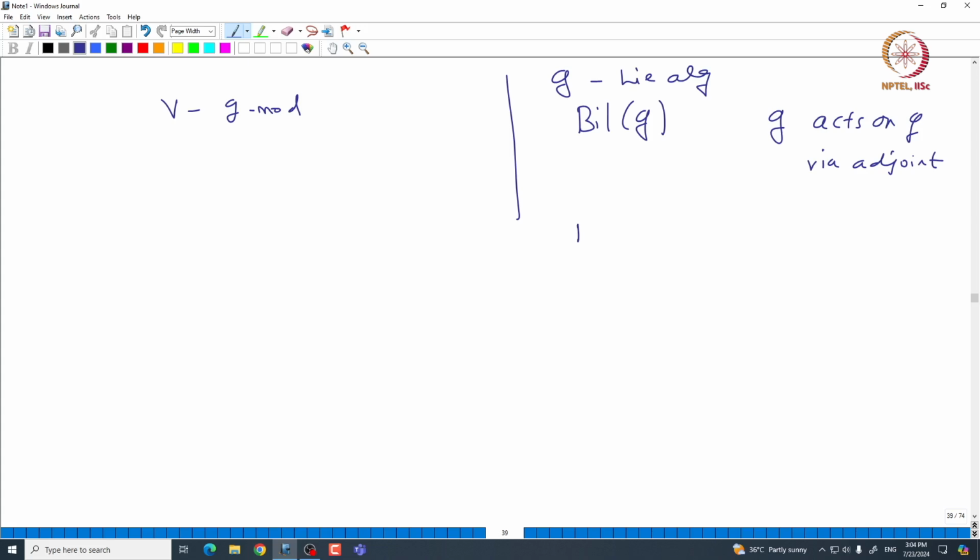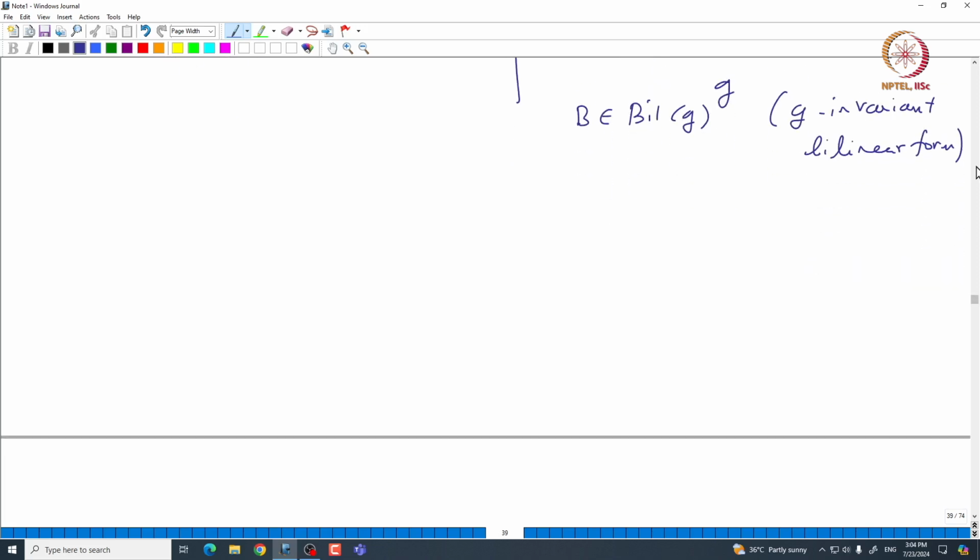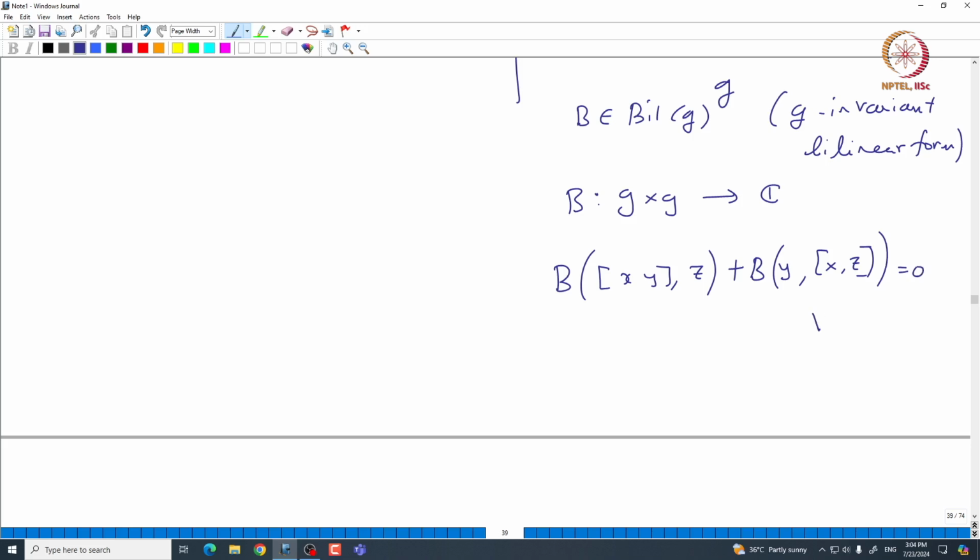Then we are interested in the G invariant bilinear form on G. If you rewrite the condition of what it means to be G invariant, this gives us B of the bracket x y, z, plus B of y, comma the bracket x z, being 0 for all x y z in G.